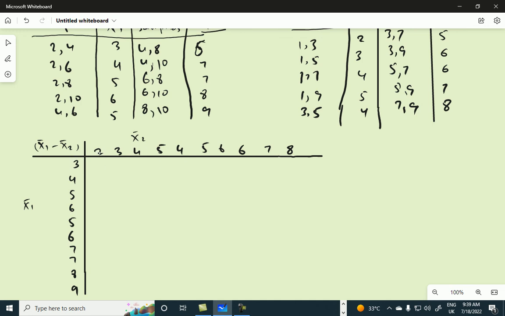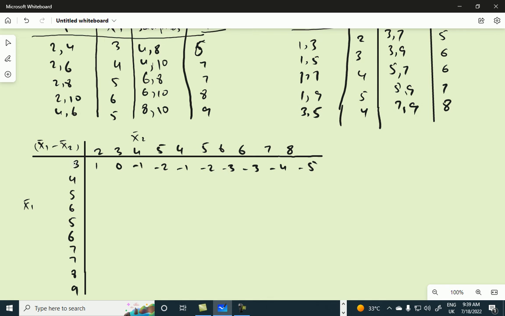If you subtract 2 from 3, you get 1; 3 from 3, 0; 4 from 3, minus 1; minus 2, minus 1, minus 2, minus 3, minus 3, minus 4, minus 5. We have subtracted all these sample means from the first x1 bar.